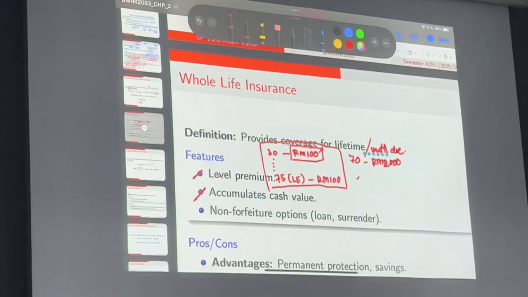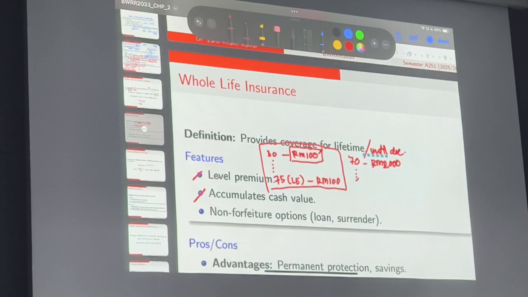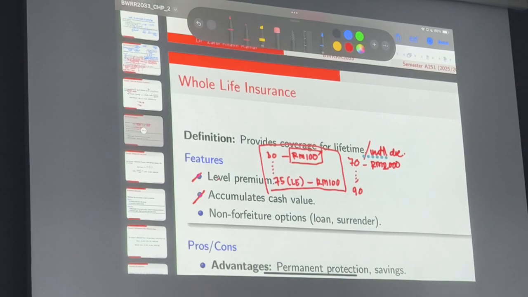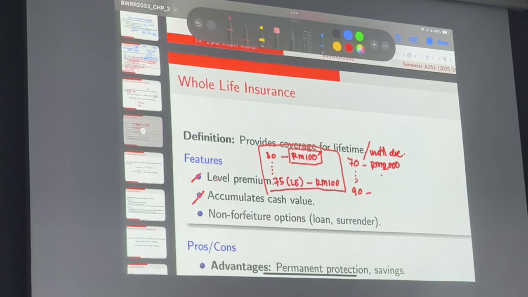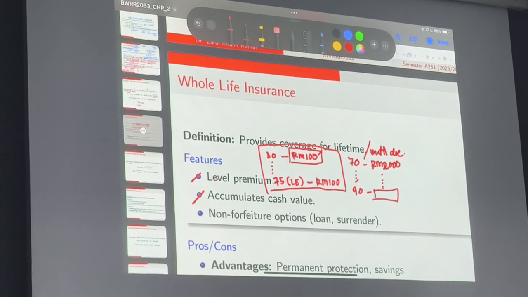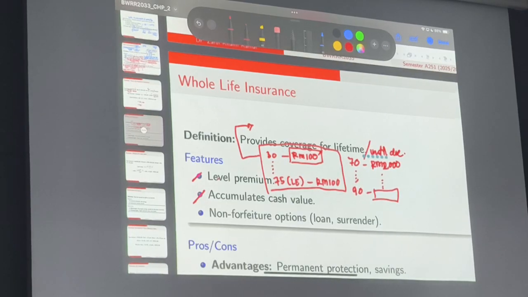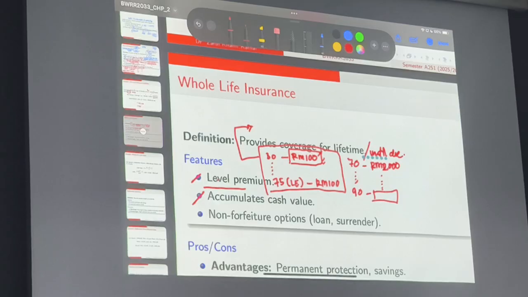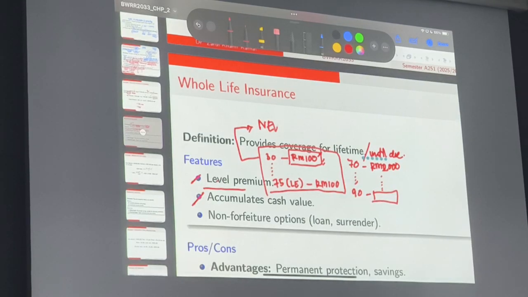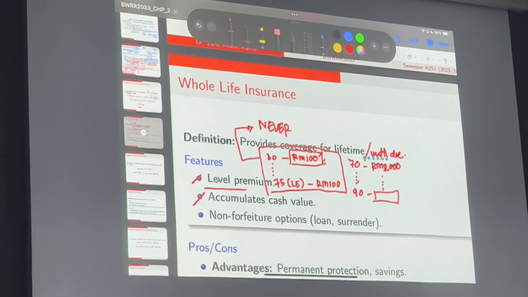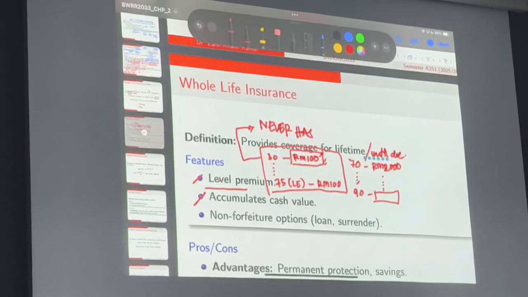So this 2,000 juga akan maintain until he dies, for example at the age of 90. Sama juga. So that's why agent insurance dia akan suggest you to get the policy as early as possible. Because of this lah, the premium will be level, dia tak akan naik, never has increment.